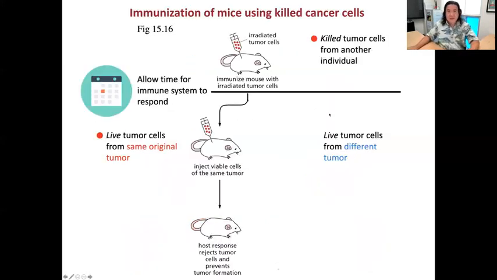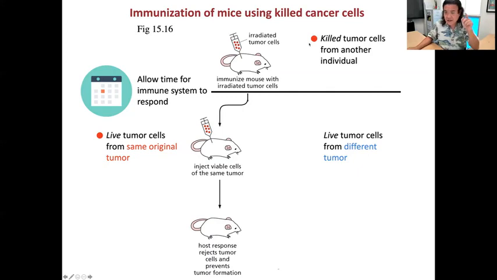Okay. So let's think about this other experiment. Let's say you have some tumor cells that have been irradiated. They're zapped with radiation to the point where the cancer cell's genome becomes so messed up that the cell just dies and doesn't function anymore. It cannot divide anymore, but it's still intact, so it has all kinds of antigens on its surface that are unique to that particular tumor profile.